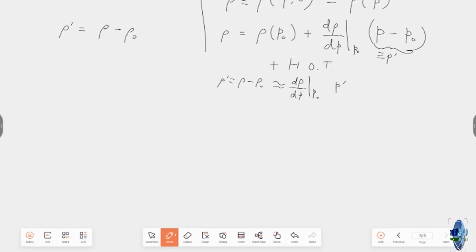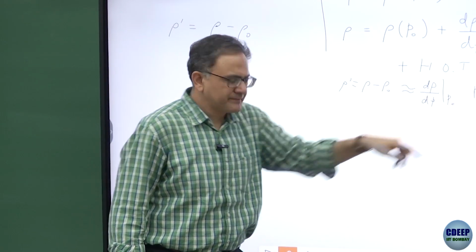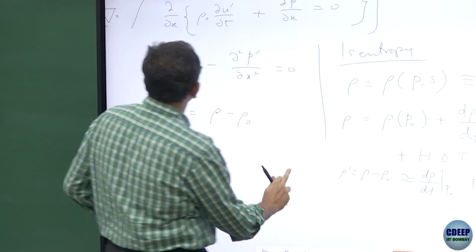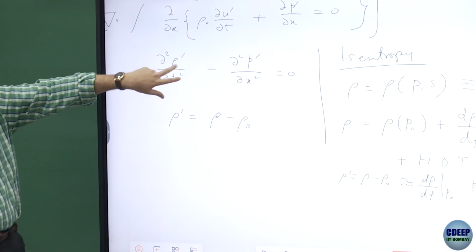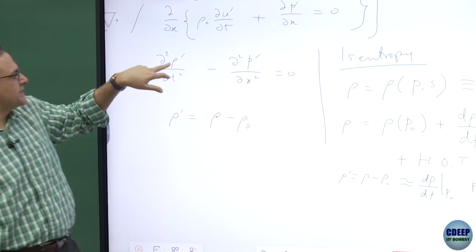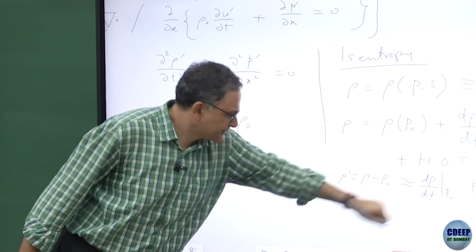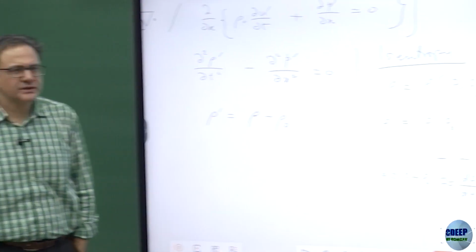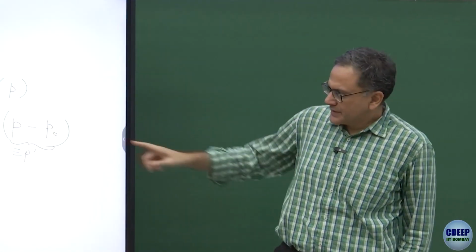This will help us replace rho prime with p prime in our equation. So our equation till now has rho prime and p prime, and we intend to replace this rho prime by this p prime. So what is this d rho dp at p0? We will get to that.